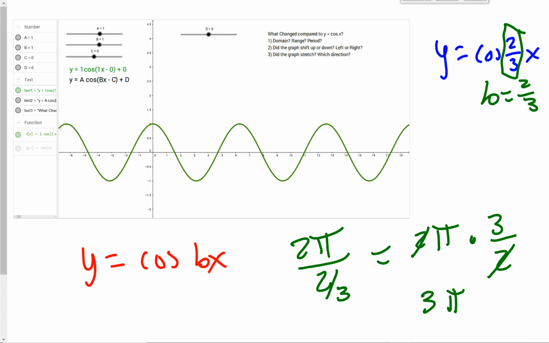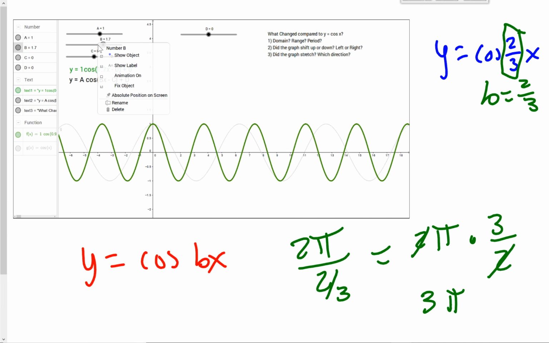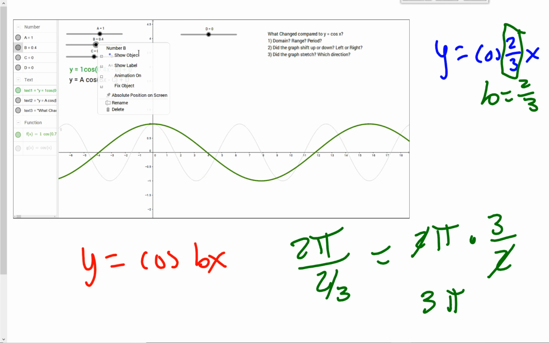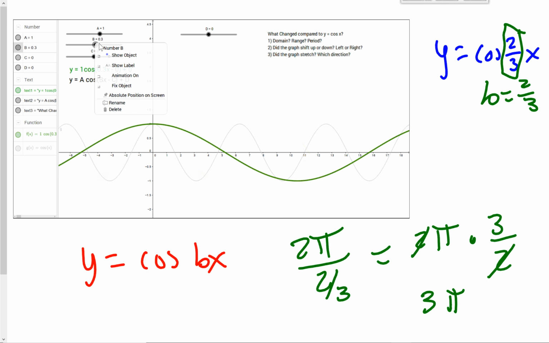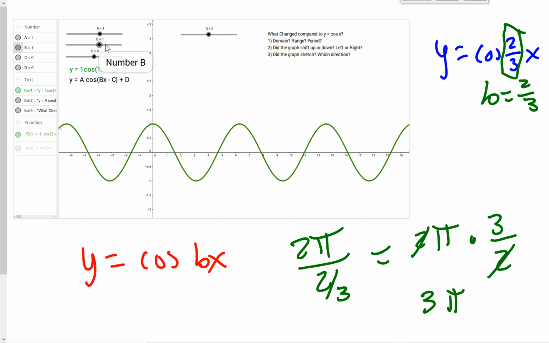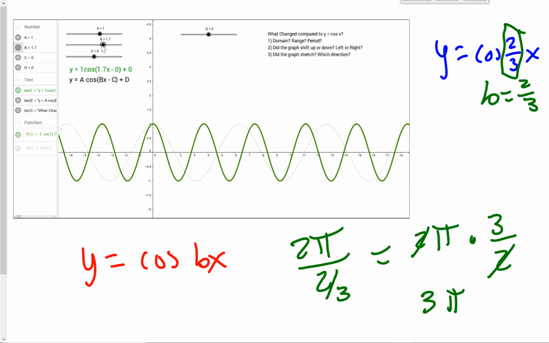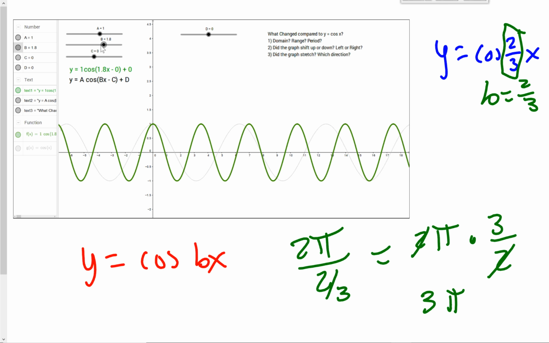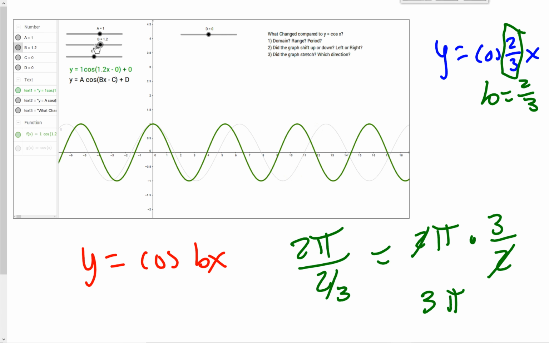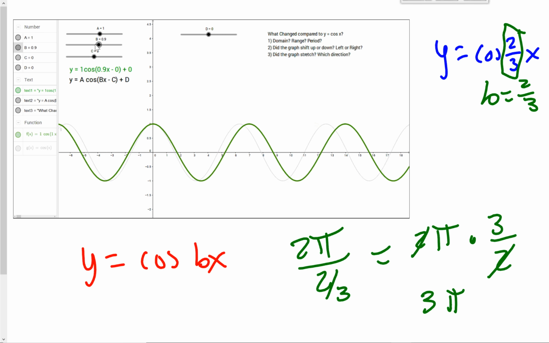And we can kind of see that here. I'll go ahead and try to move this b here to 2/3, which is 0.67. I'm probably not going to get there. 0.7, 0.4. Maybe I can just enter it in there. Probably not. Well, anyways.